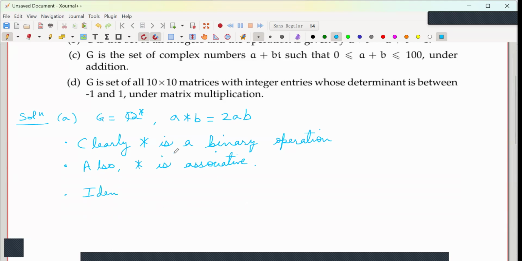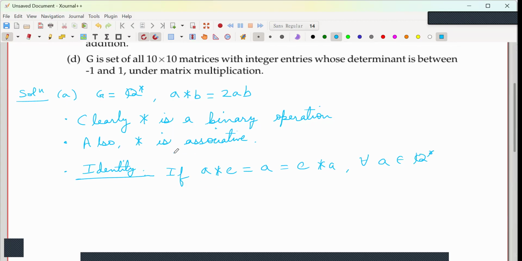For identity, we can check if A star E is A for all A, and we should also write E star A for all A belonging to the set of non-zero rationals.